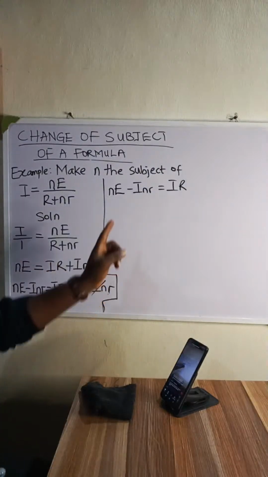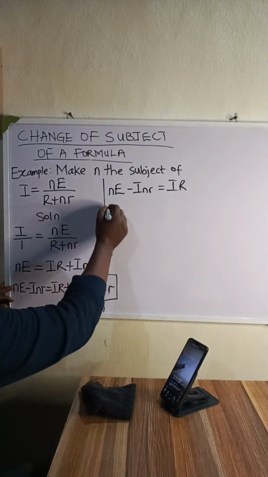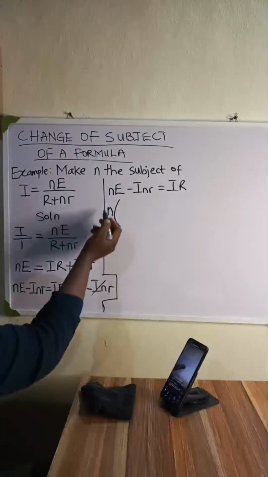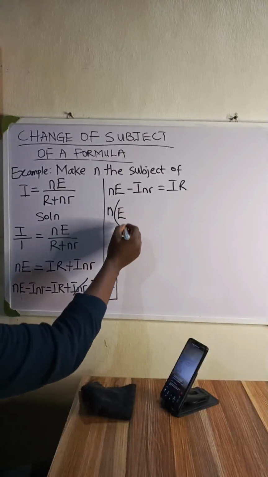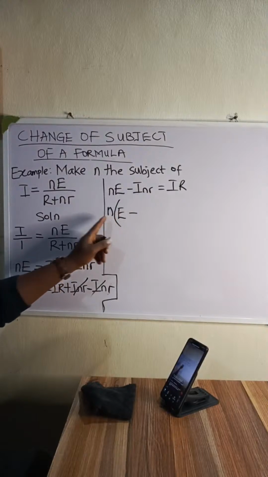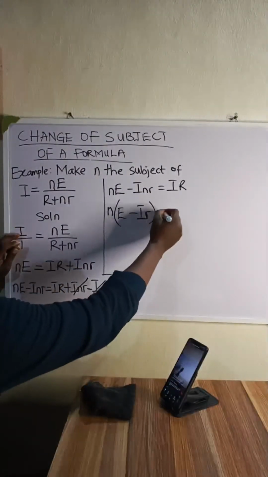It is n. We can see n here and n here, so we bring it out and open a bracket. Ne divided by n will give us e, minus inr divided by n will give us ir.